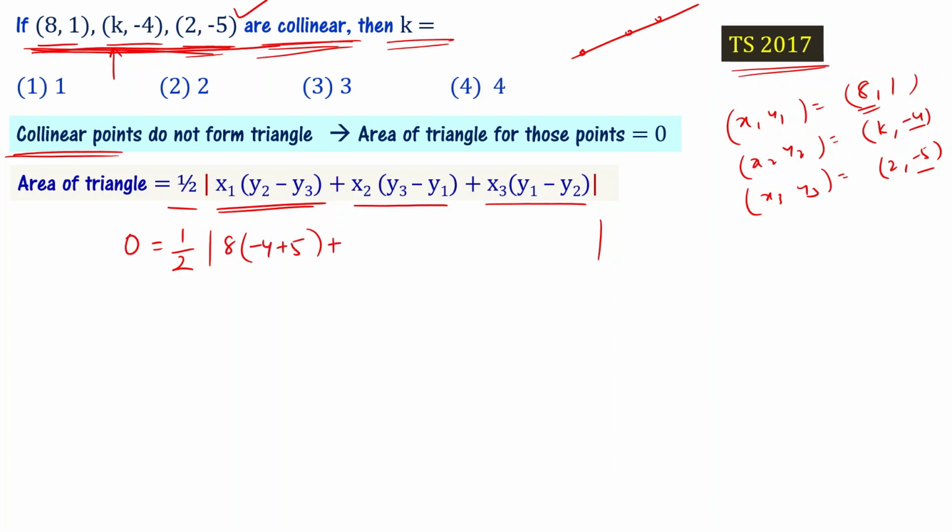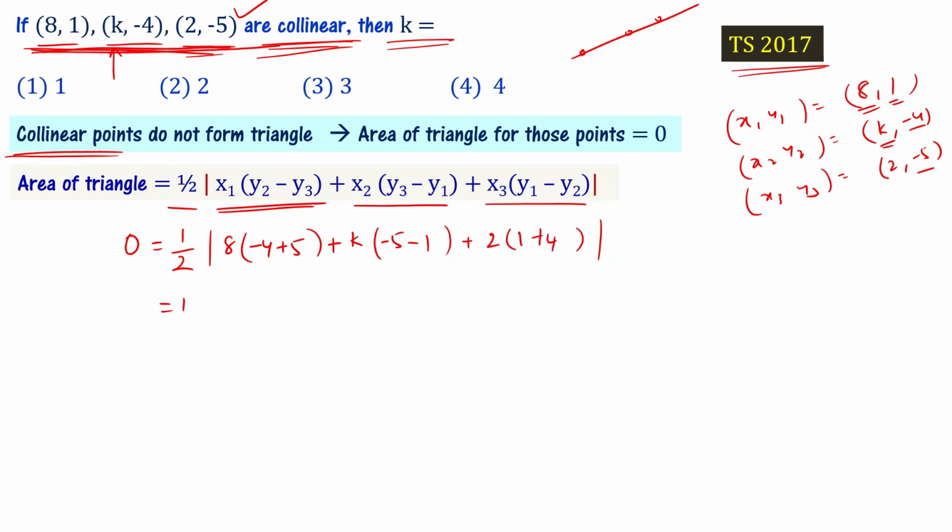Next plus x2. x2 is k, right? k times (y3 minus y1). y3 is minus 5 and y1 is plus 1. So minus 5 minus 1, plus x3 is 2, 2 times (y1 minus y2), that is 1 minus of minus 4. It means it becomes plus 4, right?